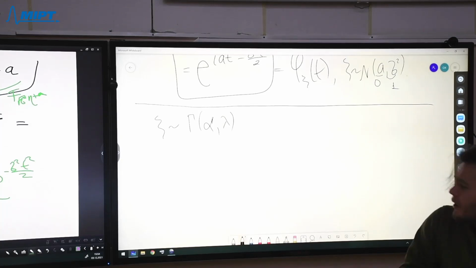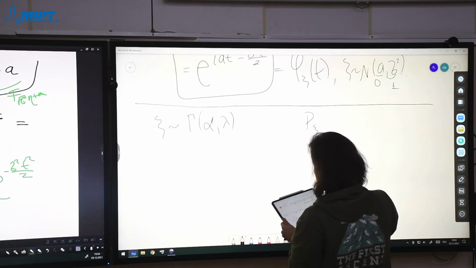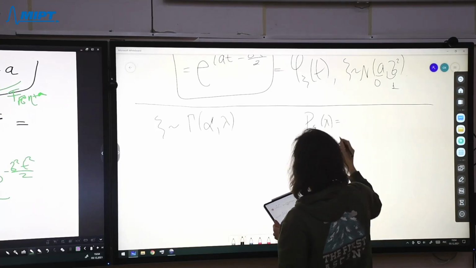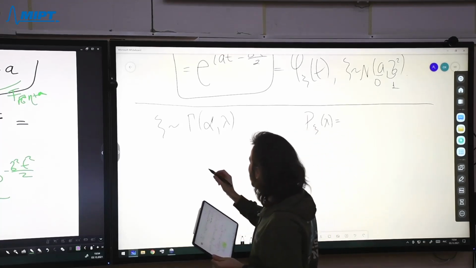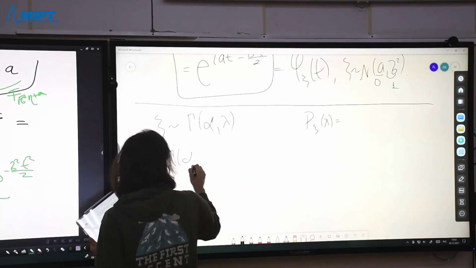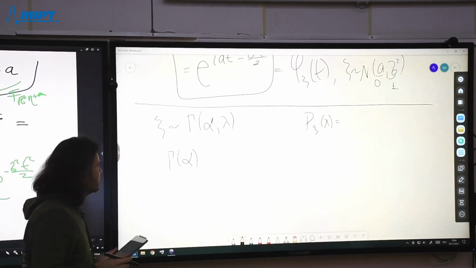Here I have it. Okay, so we say that the density of Psi at the point x is equal to the following. Did you know what the gamma function is? This is from calculus as well. No. Okay.